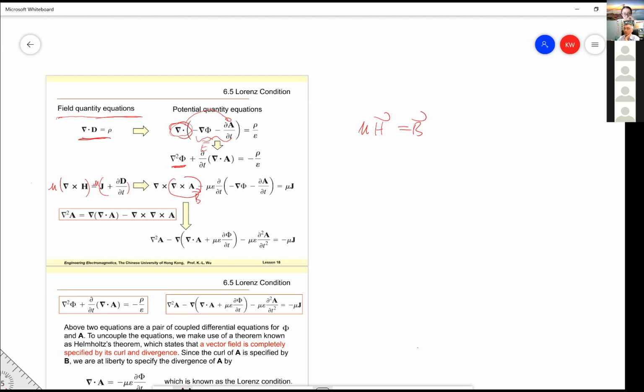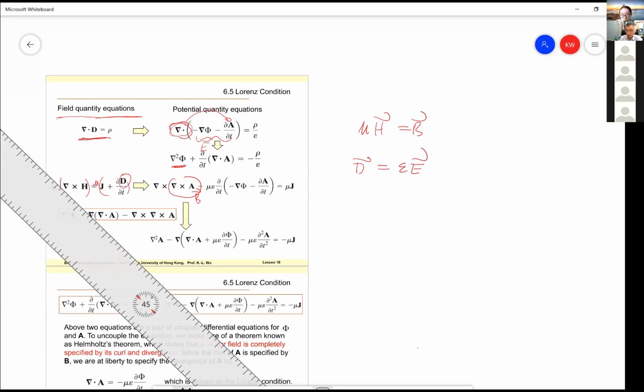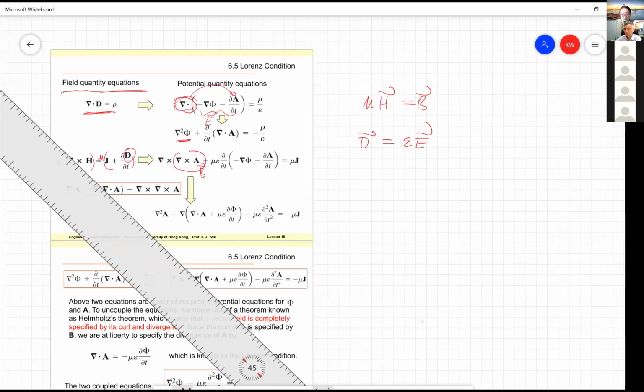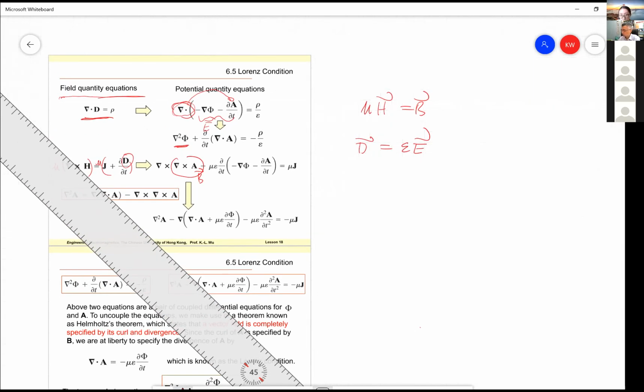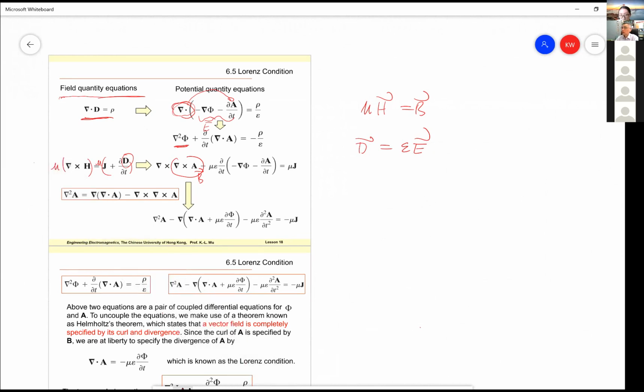The rest of it is very straightforward, because D is the electric field times epsilon, and we also know the electric field can be represented by this.